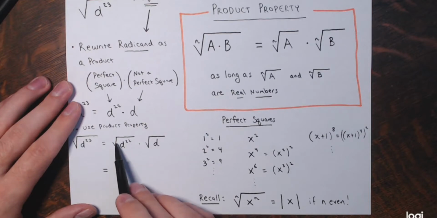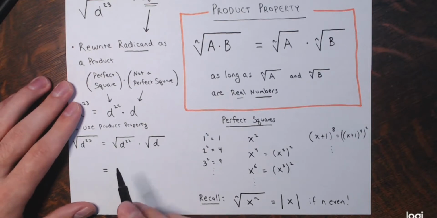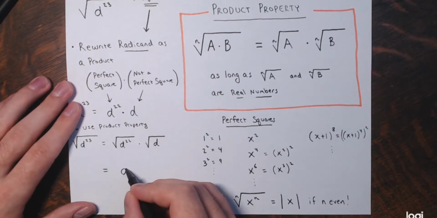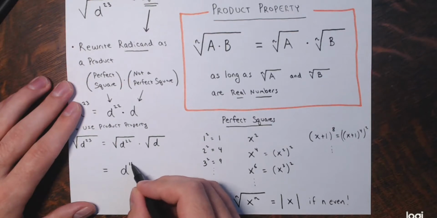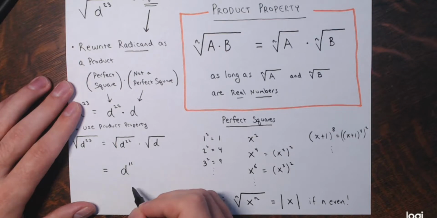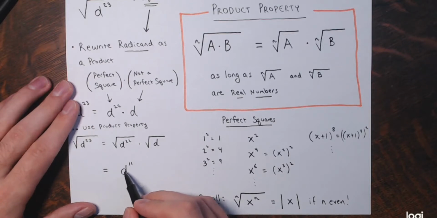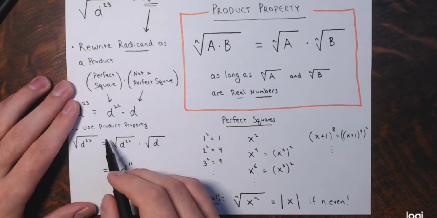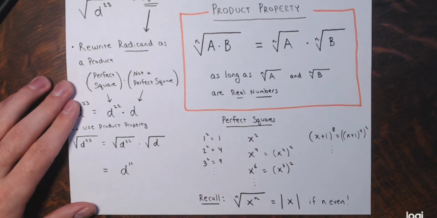The square root of d to the 22nd would be d to the 11th, but with some absolute value symbols around it. The reason is that d to the 11th can be negative if d were negative. But I don't want this to ever be negative, because again, this symbol tells me we want the principal, or non-negative, square root.